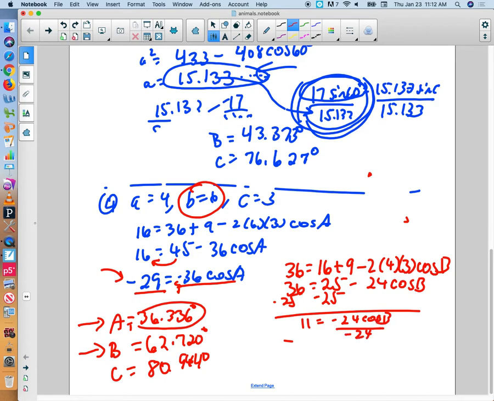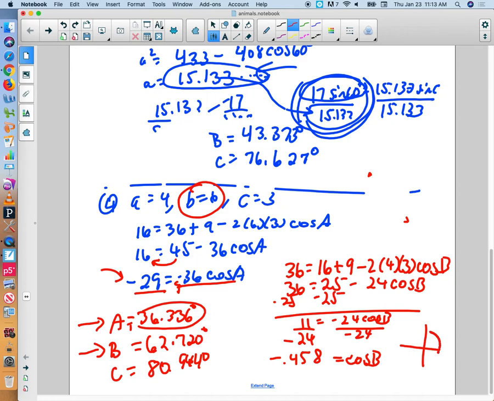Divide by negative 24, and look what I have on the left-hand side. What kind of a number do I have? A negative. What's 11 divided by 24? Negative 0.458. Thank you. Now push inverse cosine, and it's going to go choo-choo-choo.